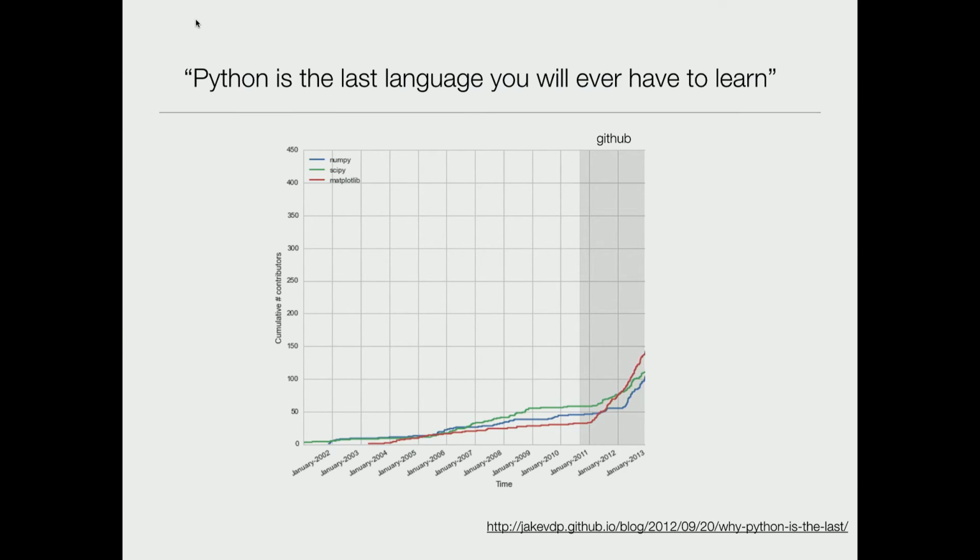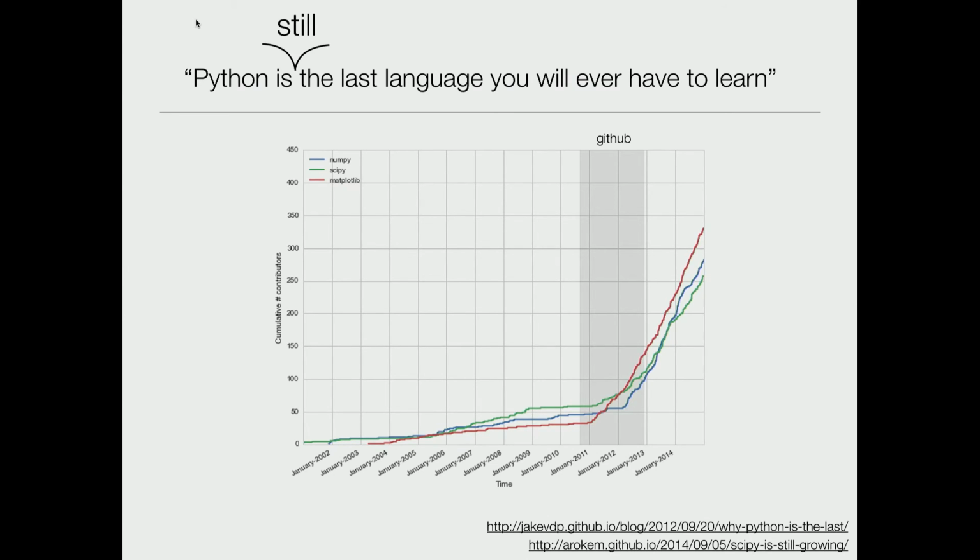What Jake noted was that as these projects, the core projects of the scientific Python universe, started using GitHub around the end of 2010, the number of developers shot up. I extended that, and you can see that Python is still the last language you will ever have to learn.